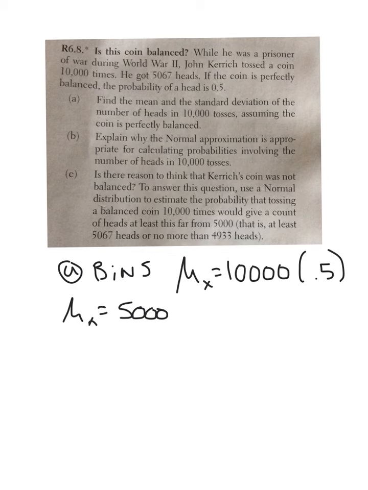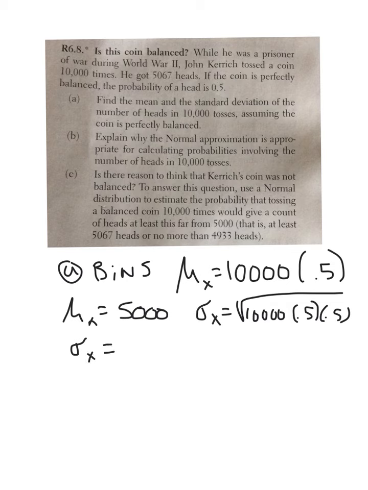So give or take how much, that's going to be 10,000 times 0.5 and 0.5, right? Your probability and 1 minus your probability and square root of that whole thing. So standard deviation is 50. So give or take 50 coin flips. Okay, so make that look like an A.